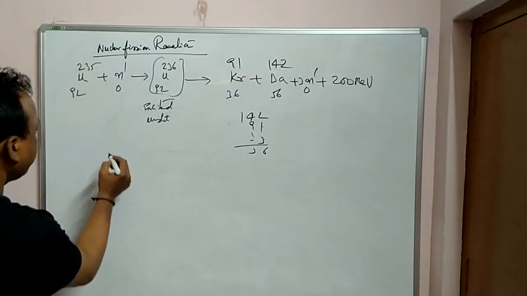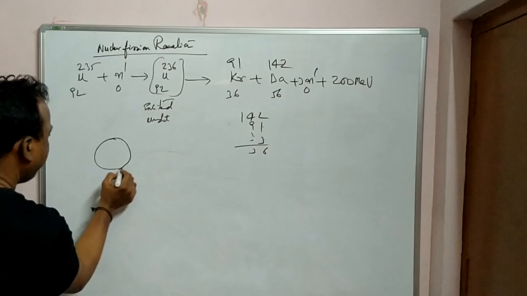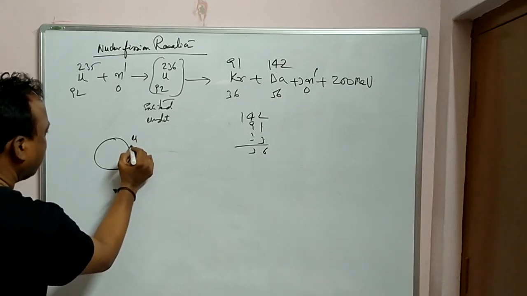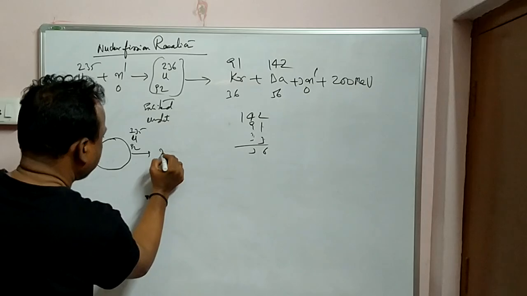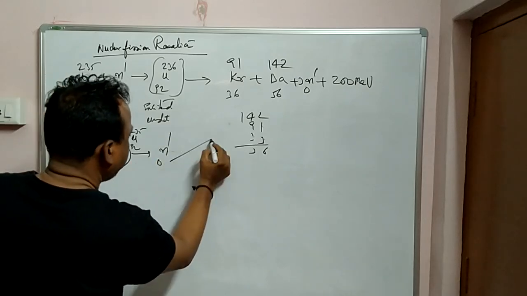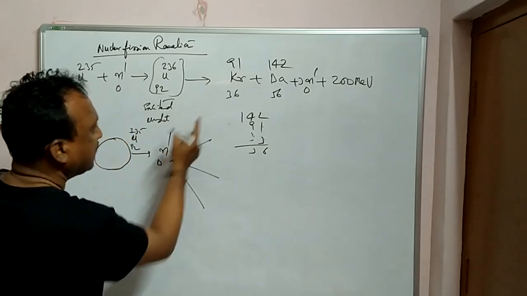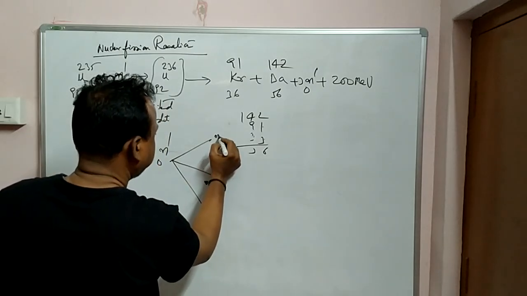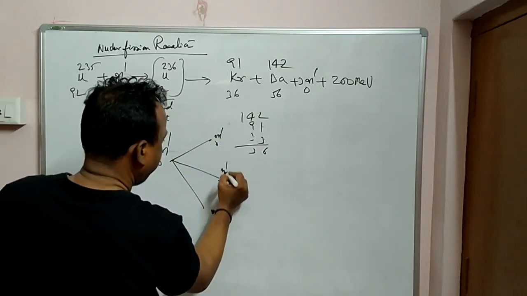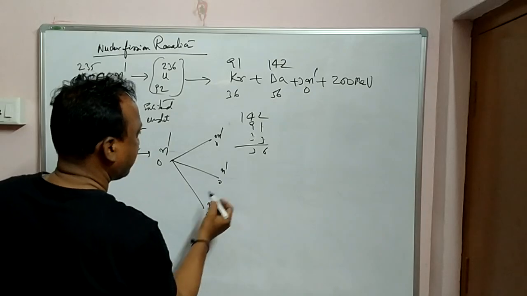So when a heavy nucleus like uranium 92, 235 or 238 is bombarded with a slow moving neutron, it splits up into two pieces, barium and krypton, and 3 neutrons are released. You can observe 3 neutrons for every fission.